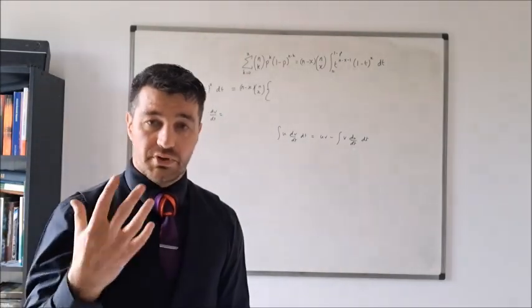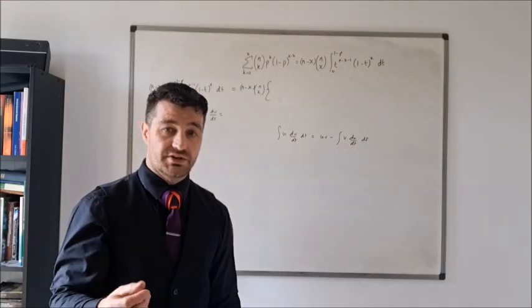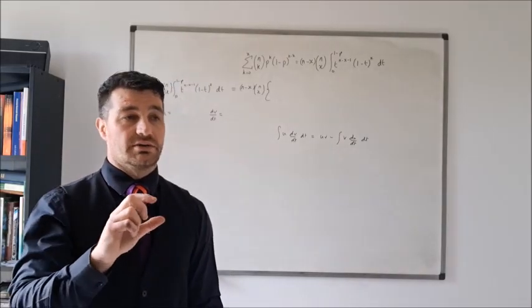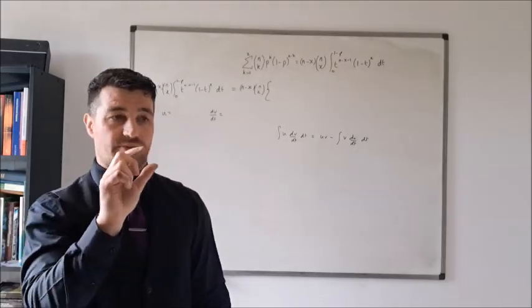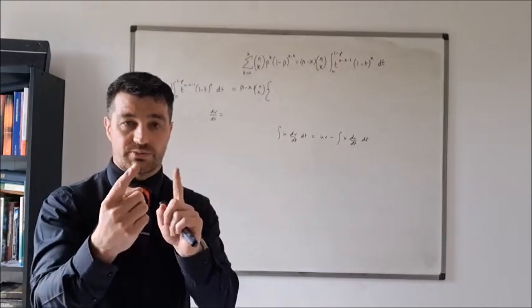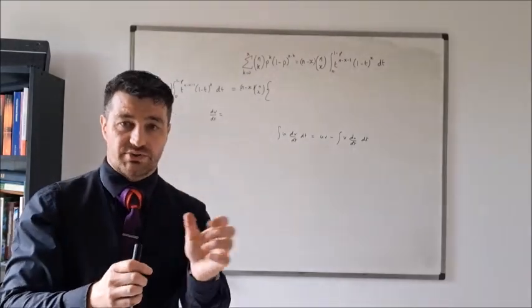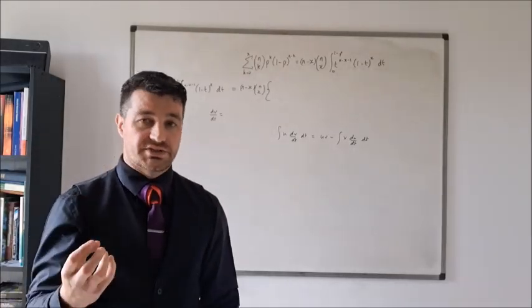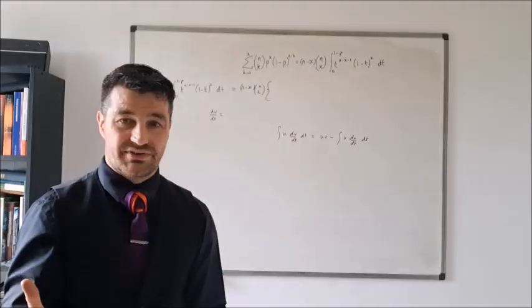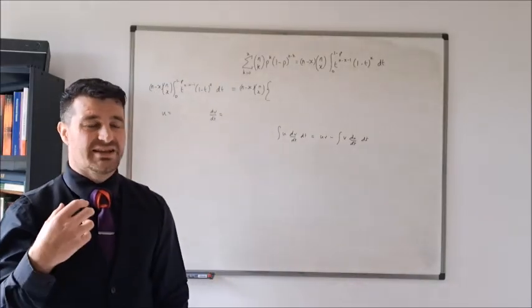Now, some books, some teachers will try to tell you that if you've got a product of a power of x with an exponential, you assign them this way around, and if you've got a trigonometric function and an exponential, you assign them this way. If you're relying on stuff like that, you've not had enough practice with integration by parts, because it shouldn't be.